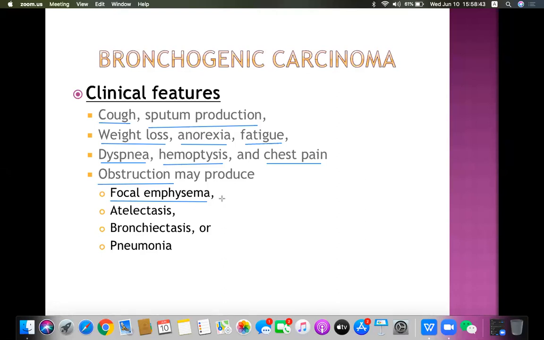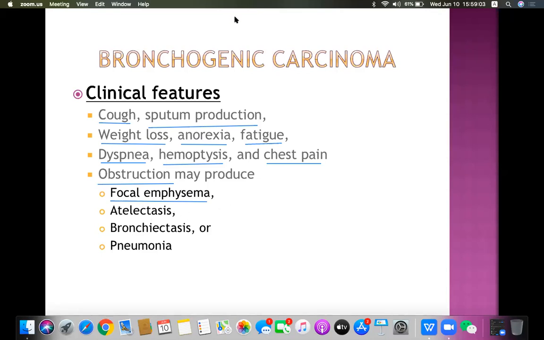If it is partially blocked, like a ball valve effect, only one way flow can be there. So only air is coming in that area, but it is not going outside. Now, that can easily lead to dilation of that particular area. This is called focal emphysema.